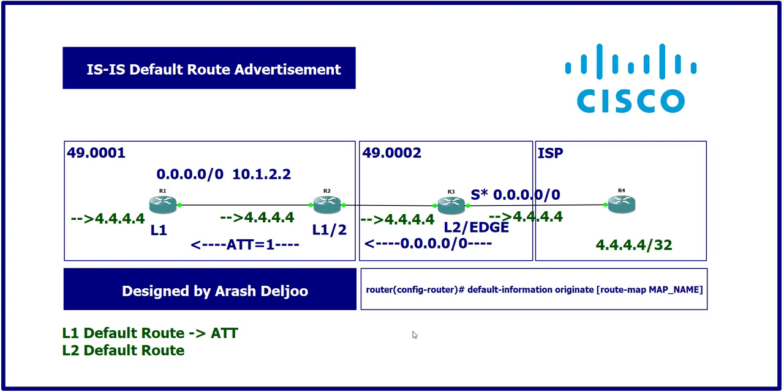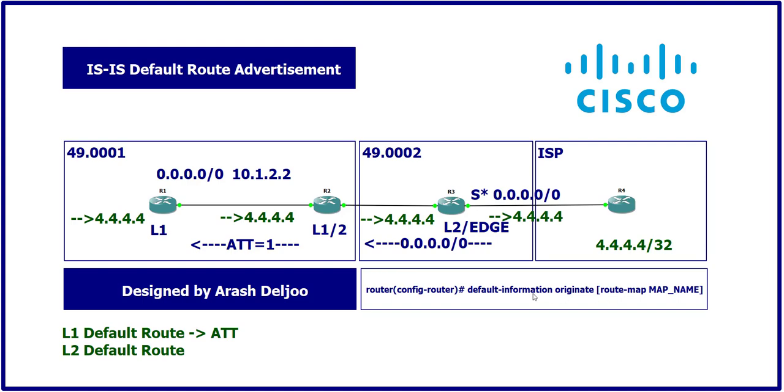The configuration of this type of default route in ISIS is easy. We are using the same command as we used in OSPF, okay? In router config, you can advertise the default route with the default-information originate command. Also, you can use a route map for conditional default advertisement.